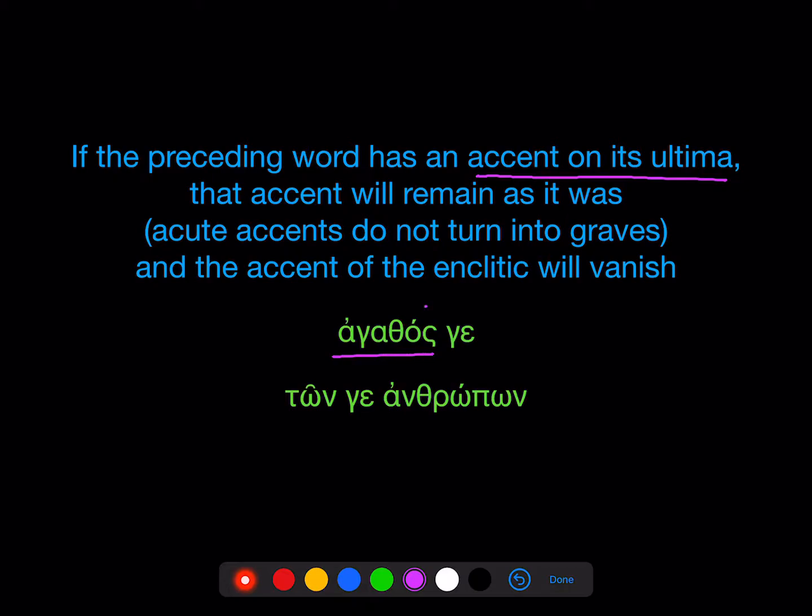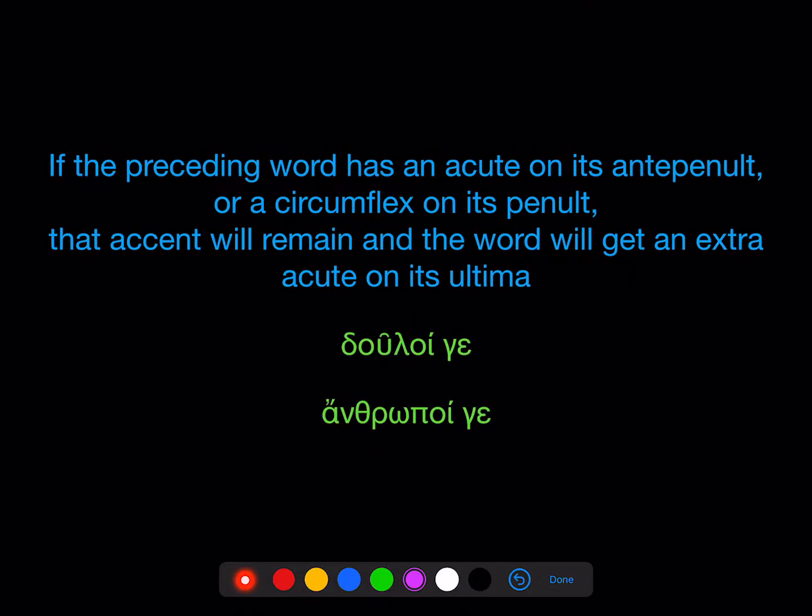It's accented on its ultima, and when followed by the enclitic ge, which means indeed, it sort of makes the word before it emphatic. So agathos followed by ge, the accent stays an acute. Now look at this example. We have tōn, the definite article, with a circumflex, followed immediately by ge. The accent stays a circumflex. And again, the ge has no accent of its own.